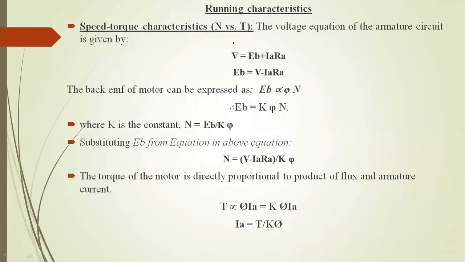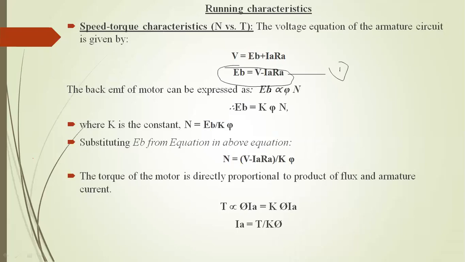Here also we have some equations, the voltage armature equations. Earlier we have seen the equation E is equal to V minus IA RA.